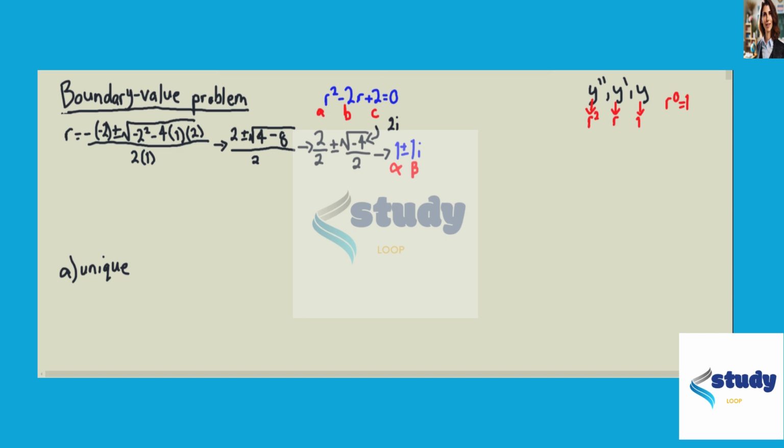We are going to have e to the power of alpha times x, which is 1, so alpha times x, multiplied by the sum of constant 1 times cosine of beta x, and our beta is 1 as well, plus constant 2 multiplied by sine of beta x, so 1x again.